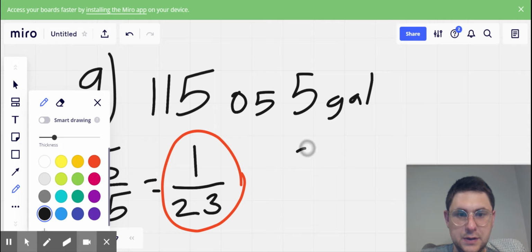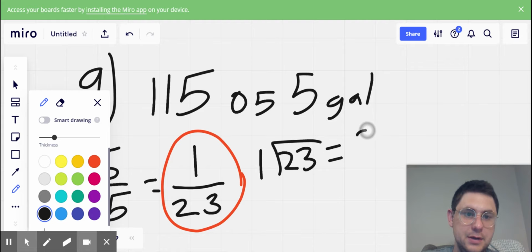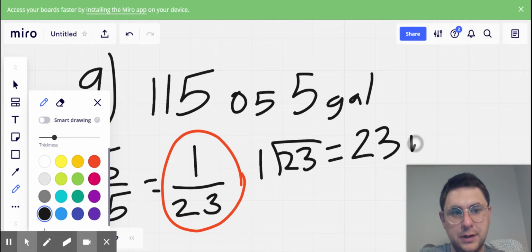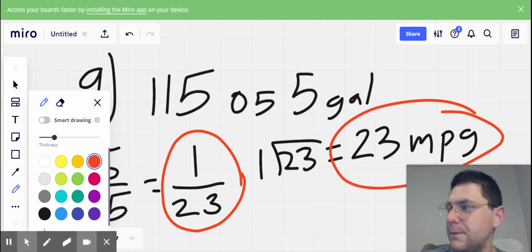So we can say 23 divided by 1, that's 23. And remember the label when you're writing in these unit rates, okay? So 23 miles per gallon, right? Because we divided miles by gallon. So there's your answer for the unit rate one. All right?